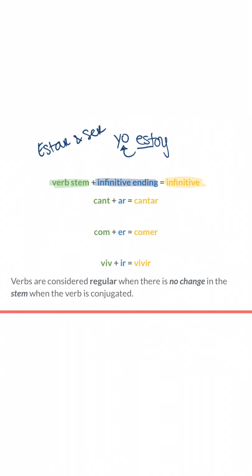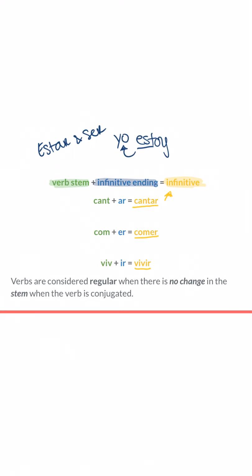Okay, so back to Quizlet here, right? On a Quizlet, you have seen these three words: cantar, comer, y vivir. These are verbs and they are in the infinitive form. Remember, the infinitive form is built by adding two components. Personally, I think it's easier to start with the infinitive ending.